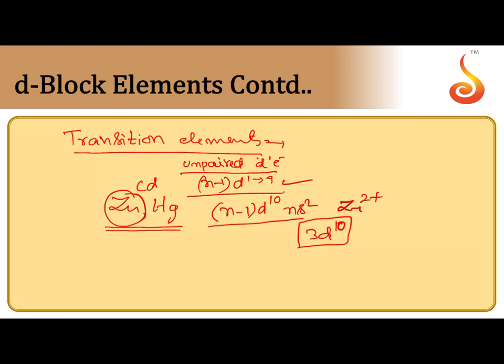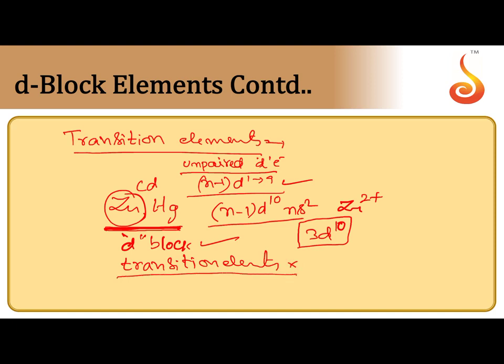So, zinc, cadmium, mercury do not exhibit the characteristic properties of transition elements. That is why the 12th group elements zinc, cadmium, mercury are D block elements, but not transition elements. You have to remember that.